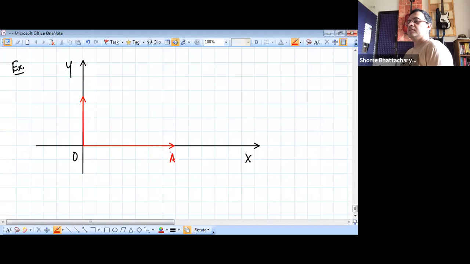So this is the vector A, let us say, and its magnitude is 10 root 3. This is the vector B, and its magnitude is 10. And we have another vector, the vector C, which is making an angle of 60 degrees like this, and its magnitude is, let's say, 25 units.